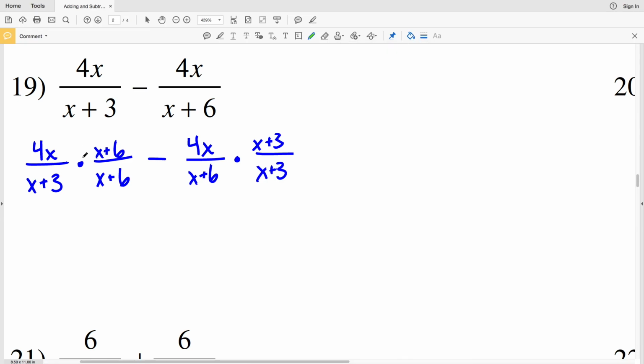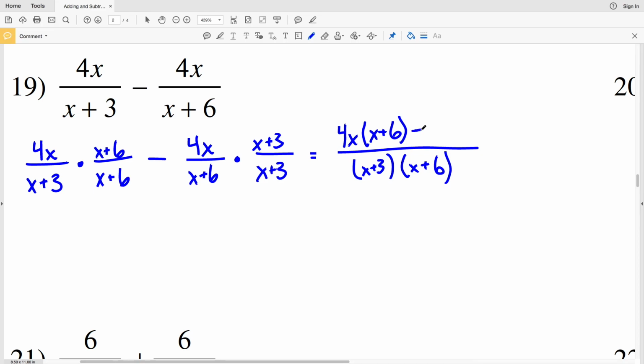So you can see that x plus 3 times x plus 6 is equivalent to x plus 6 times x plus 3. So now that I have the same denominator, x plus 3 times x plus 6, I'll be able to subtract my numerator. So I'll have 4x times x plus 6, and I'll be subtracting 4x times x plus 3.